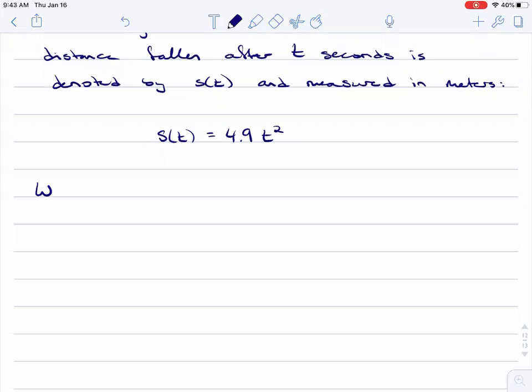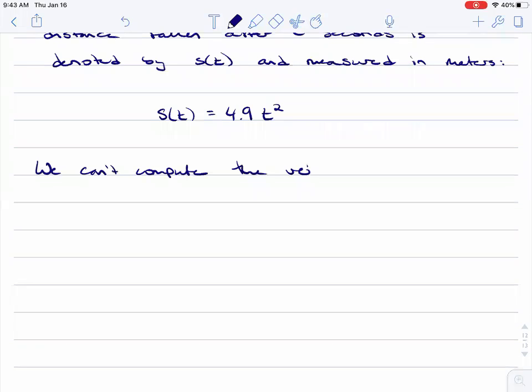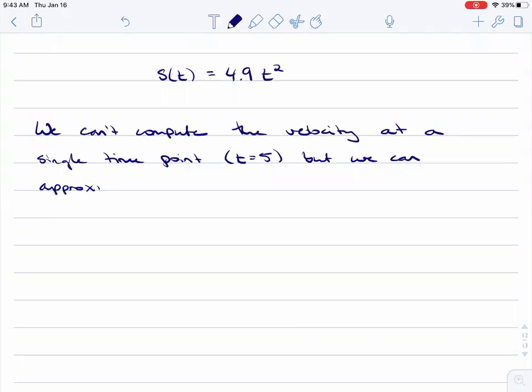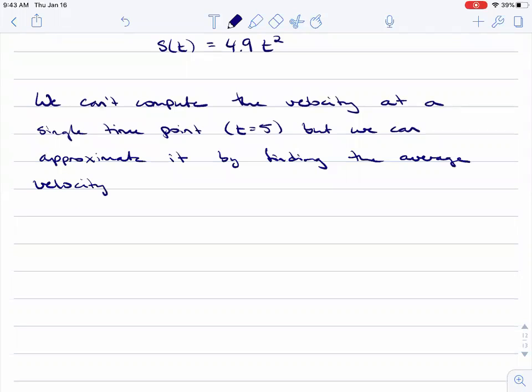And so we can't compute the velocity at a single time point, right, t equals 5, for example, but we can approximate it by finding the average velocity over a brief time interval.